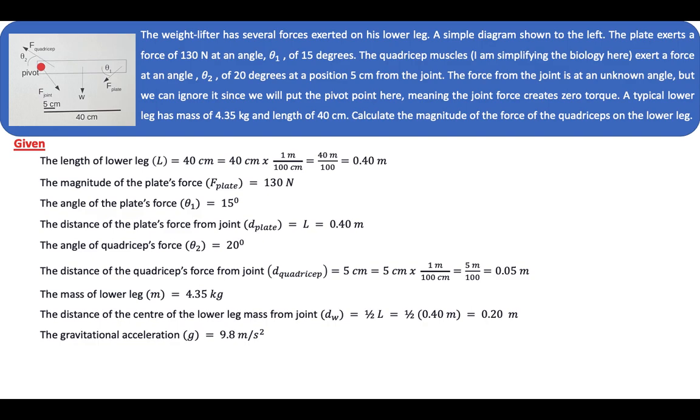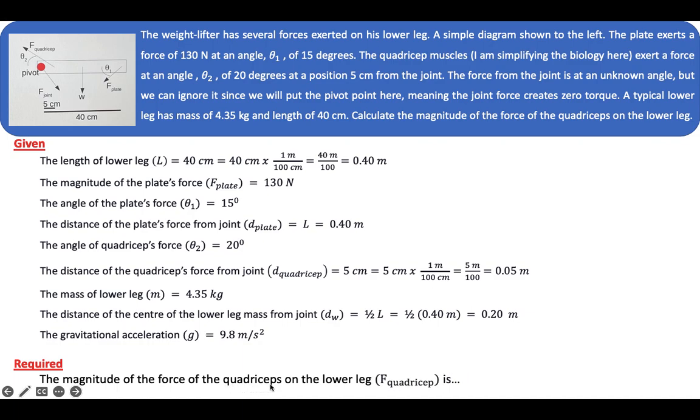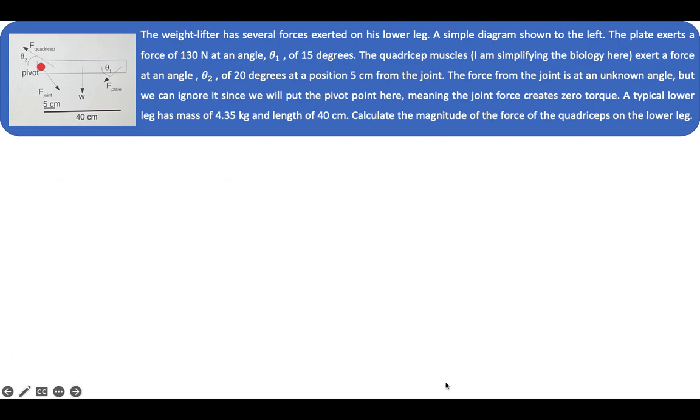Then we have to identify what is being asked in the problem and write it down as required. The magnitude of the force of the quadriceps on the lower leg, F quadriceps. Then the solution.